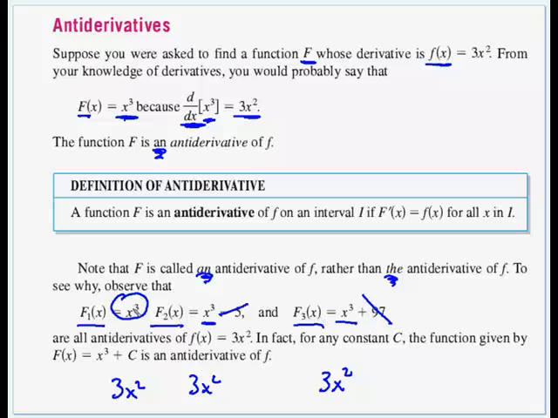So all 3 of these functions had the same derivative of 3x squared. In fact, for any constant c, if I take x to the third and add or subtract any constant, that's going to derive away, and we're left with just 3x squared. So to account for this constant, the antiderivative is x to the third plus c, where c is just some arbitrary constant.